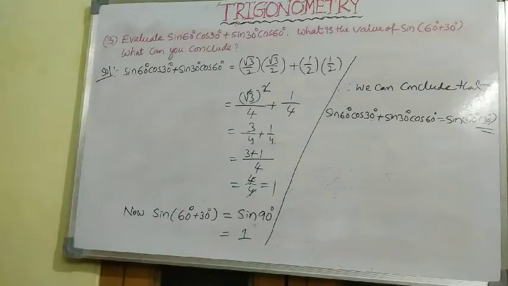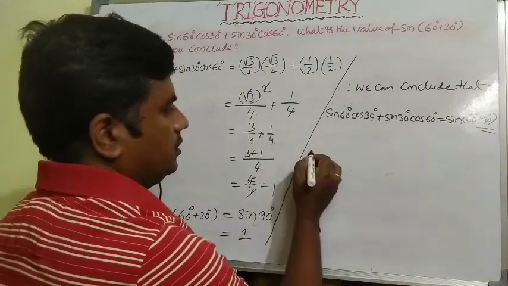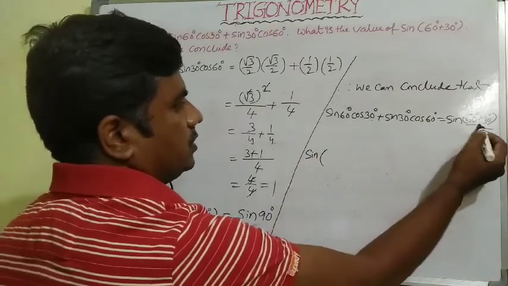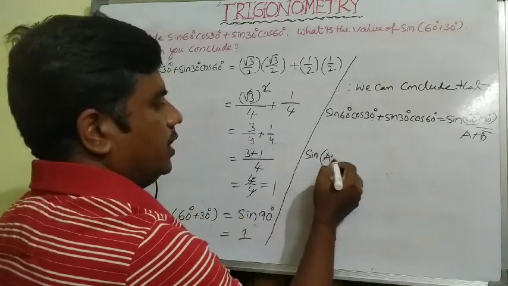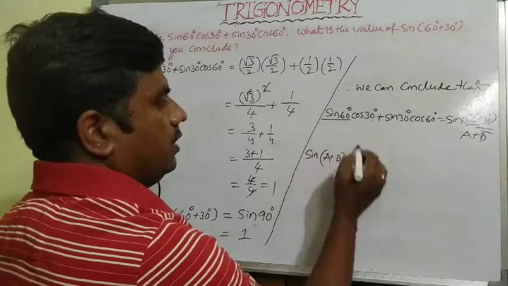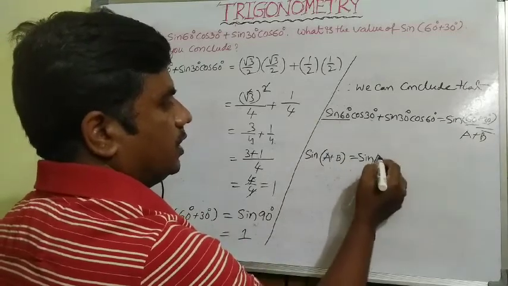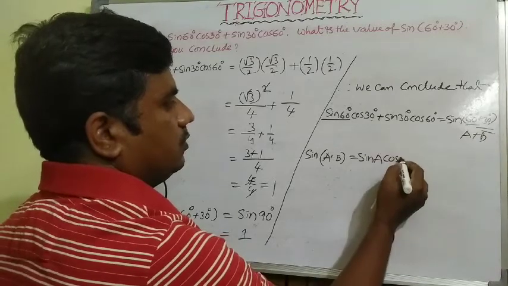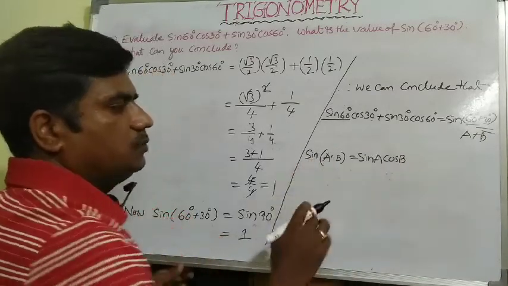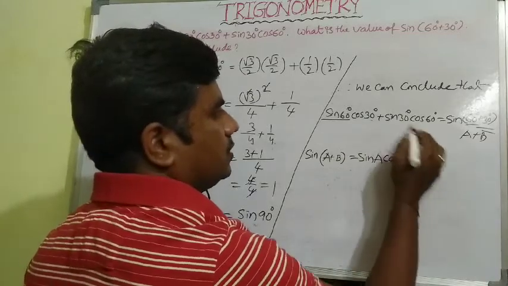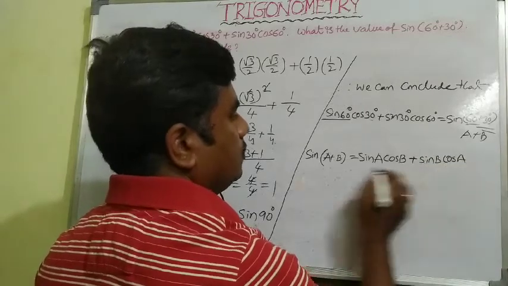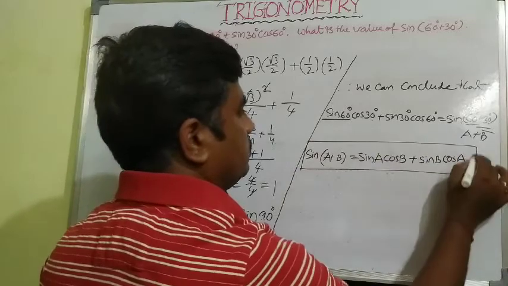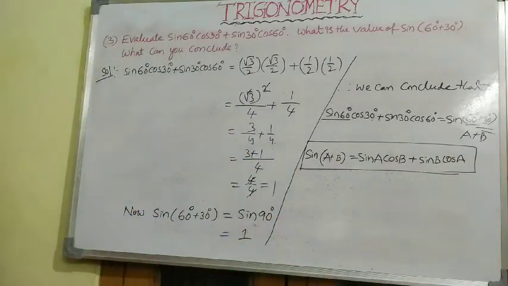So actually this is one formula in trigonometry. For example, here 60 degrees means angle A, and 30 degrees means B. So sin (A plus B) equals: sin 60 means sin A, cos 30 means cos B, and 30 means B. So sin (A plus B) equals sin A cos B plus sin B cos A. So this is one formula: sin (A plus B) equals sin A cos B plus sin B cos A, or cos A sin B also we can write.